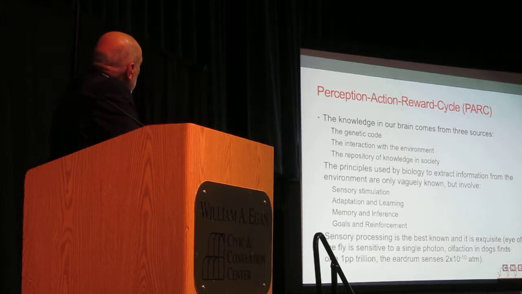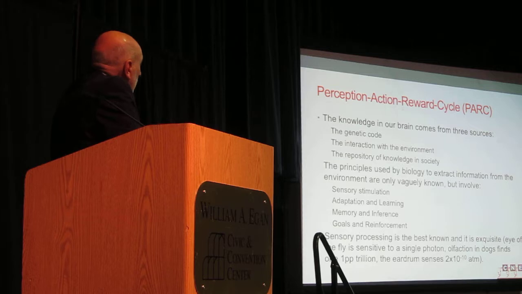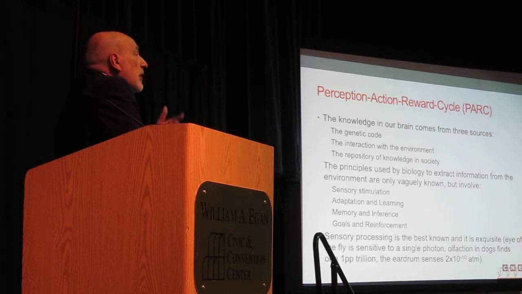If you think about it in a very simplistic way, but I think that goes to the core of the problem, the knowledge in our brains comes from basically three sources: the genetic code that builds the brain, interaction with the environment that trains the parameters, if you will, of the system, and of course the repository of knowledge that we have in our society, in our culture.